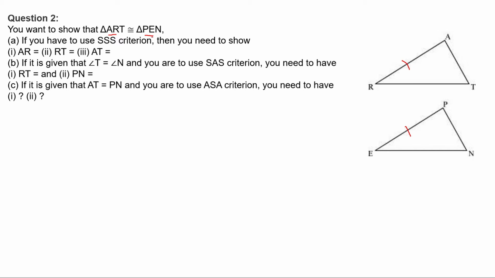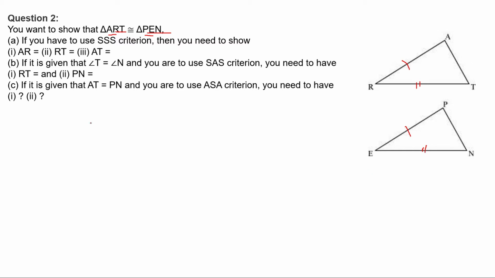Now second is RT. RT is next to this, so next to it is EN. So where is RT? This is RT, and RT is equal to EN. Okay.